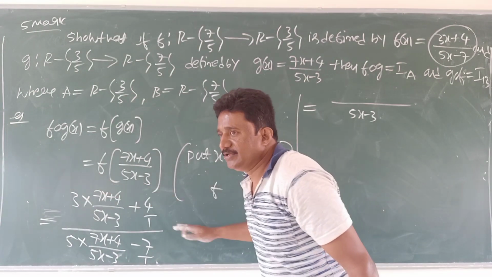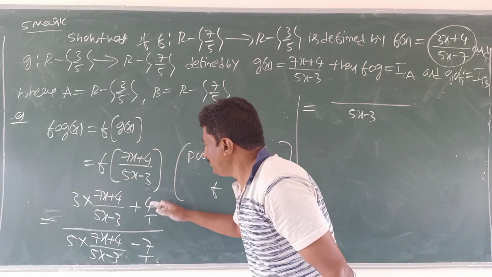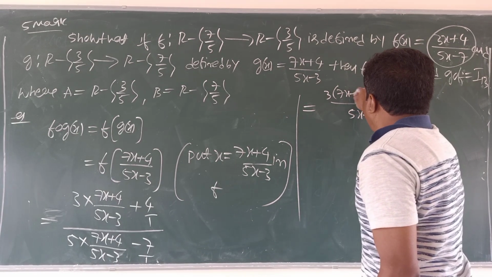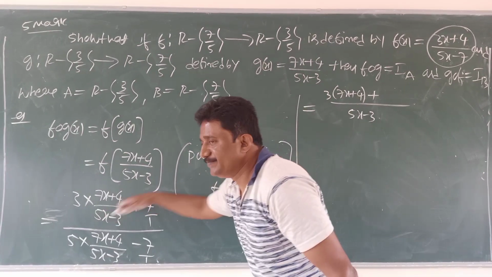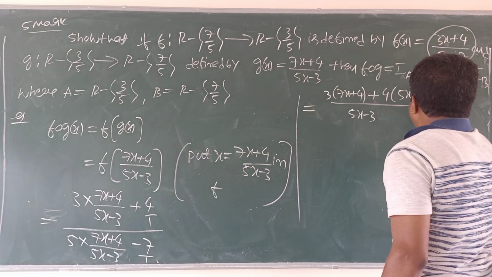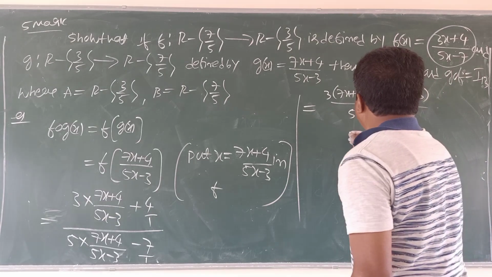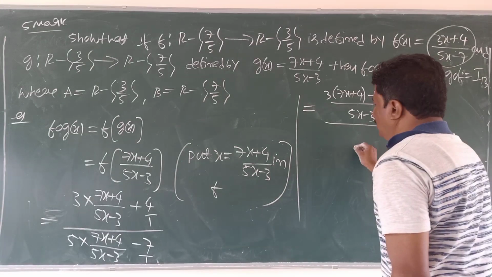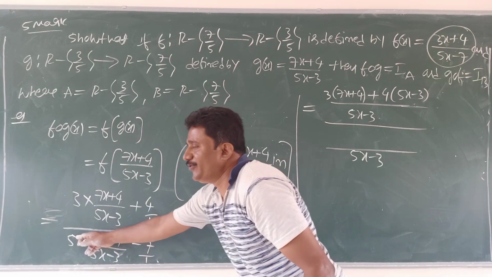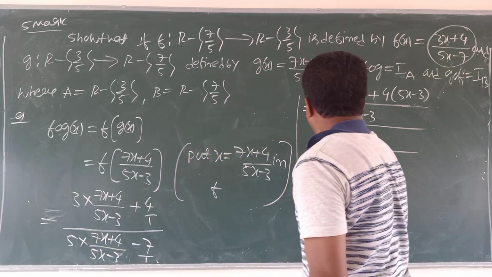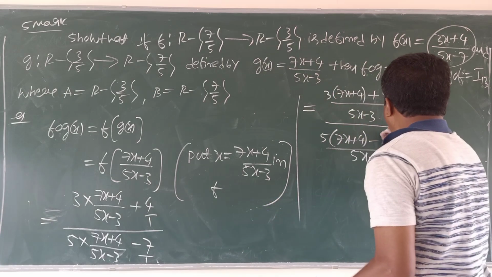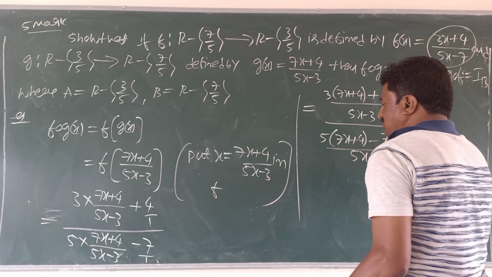Cross multiply, students. 1 into 3 into (7x + 4) plus 4 into (5x - 3), all divided by the LCM in the denominator, 5x - 3. Cross multiply: 1 into 5 into (7x + 4) minus 7 into (5x - 3).